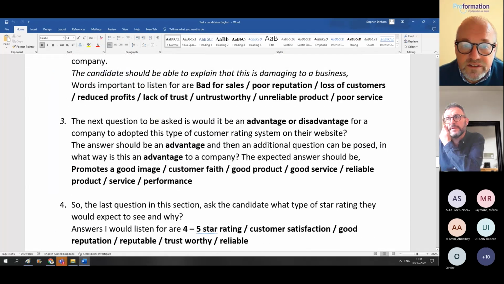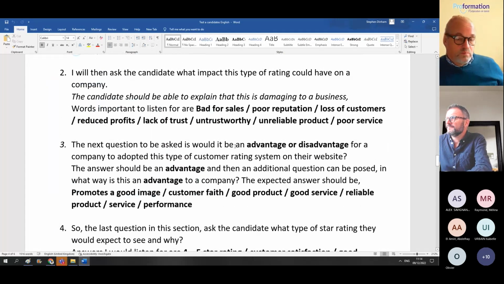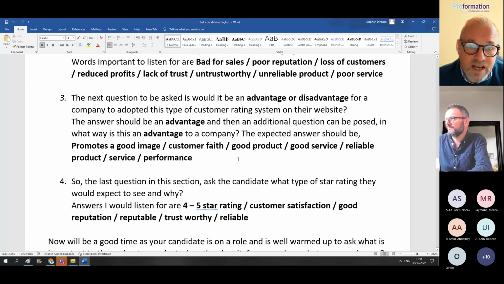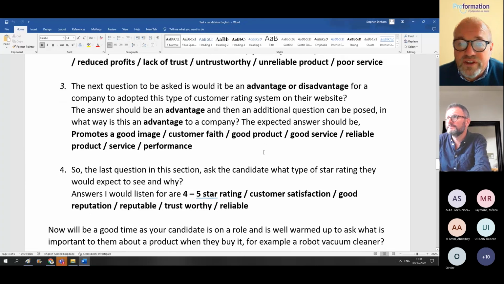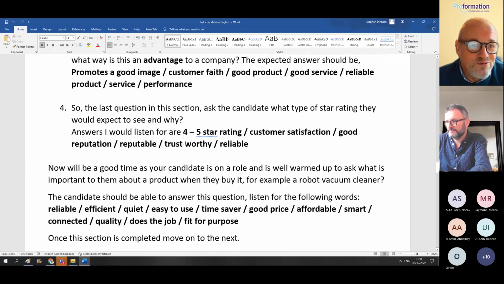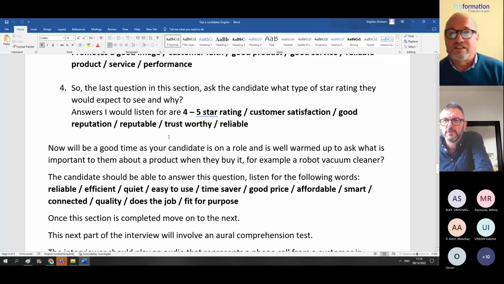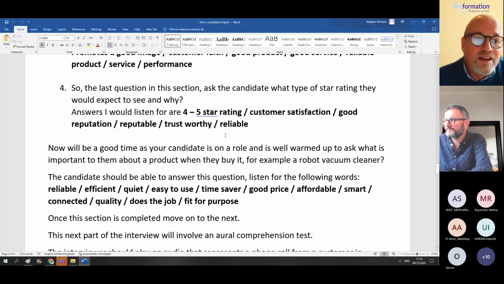So if your candidate is able to reply using some of these words, then we understand that they have the level required. The next question to be asked is, would it be an advantage or disadvantage? We've done that one, so I go back over number 4. Sorry about that. So the last question in this section: ask the candidate what type of star rating they would expect to see and why.